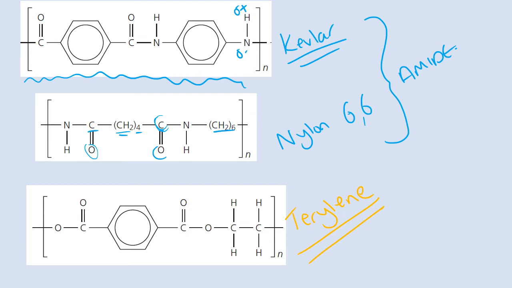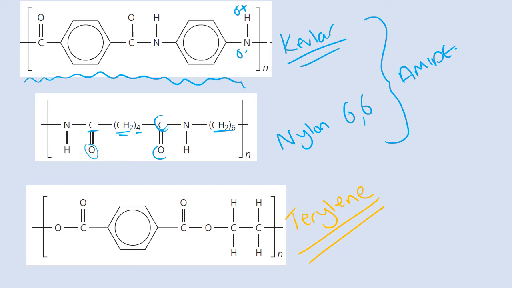That means that things like nylon and Kevlar have strong bonds between the chains. They can pack very tightly, and that's why Kevlar is used in a lot of protective clothing for motorcycles and helmets and things. And nylon is a very hard wearing man-made fibre.